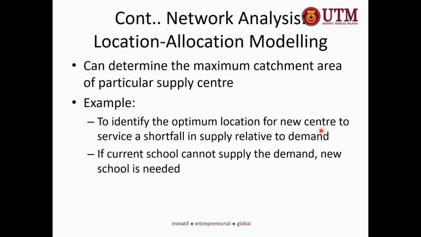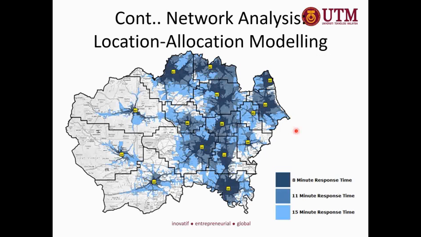So currently, in the last 2 or 3 months, they created a new office in Taman University near UTM to support this center, because they can have a new center for supply and demand. So this is another location allocation modeling using network analysis.